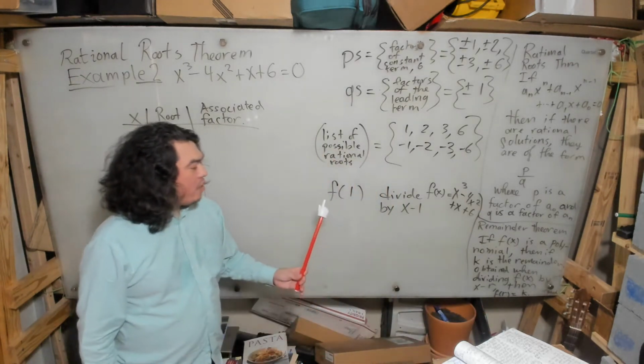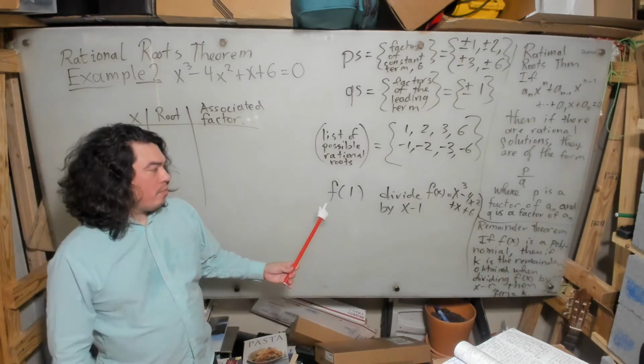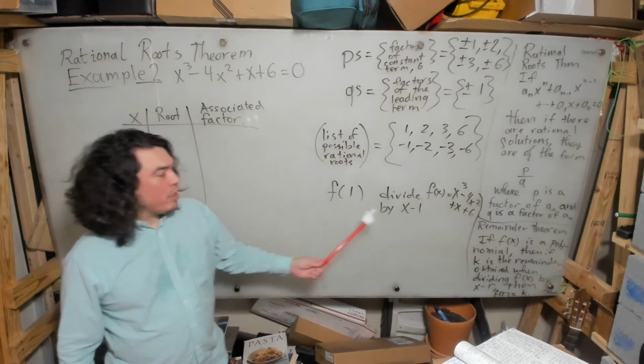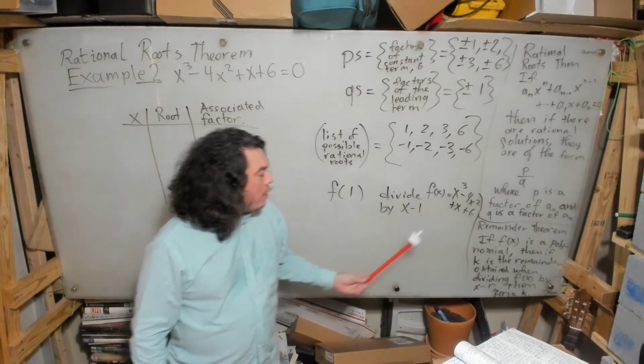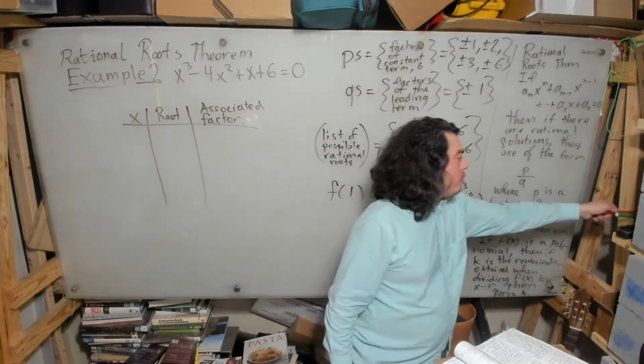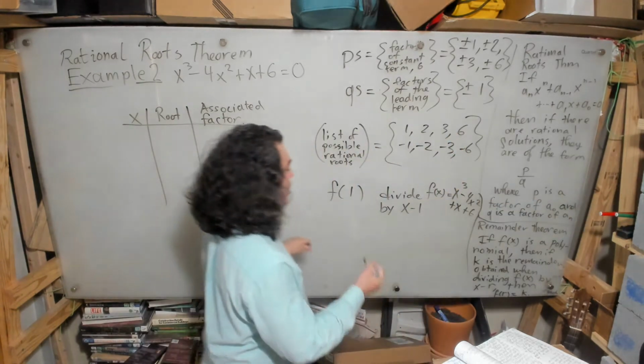So if we want to evaluate this polynomial at the value 1, we're going to divide that polynomial by x minus 1, okay? And we're going to do that using synthetic division, okay? That will make our work a lot easier.